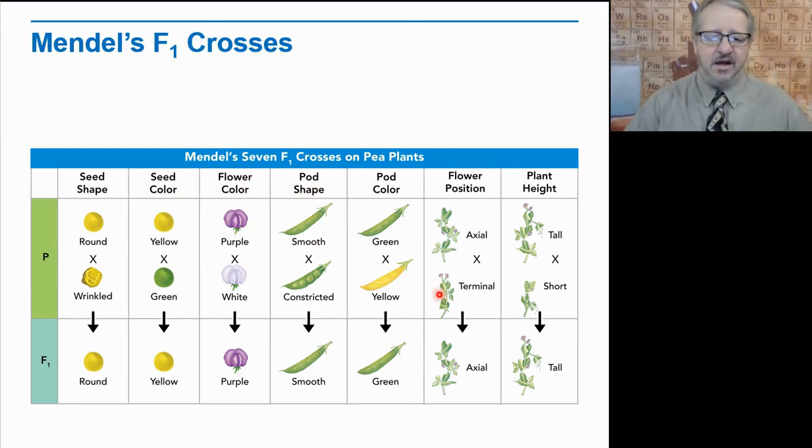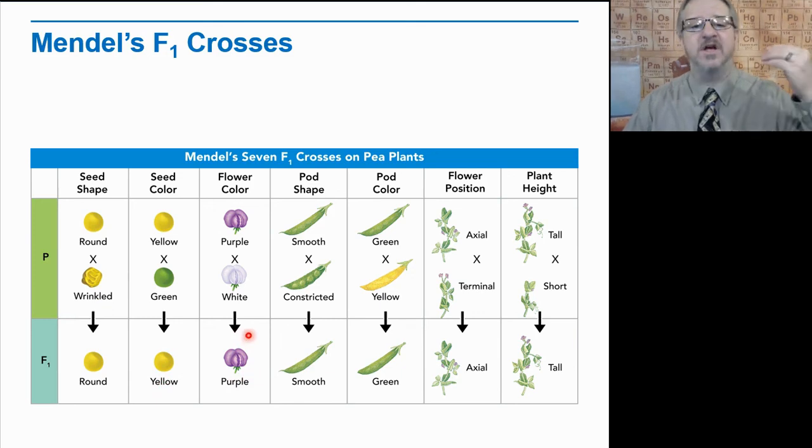You get the idea. So what did that tell Mendel about traits and about dominant and recessive? Well, it told him that round seed shape was dominant to wrinkled seed shape. It told him that the yellow colored seed was dominant to green colored seeds, and purple flowers were dominant over the white flowers, and so forth and so on.